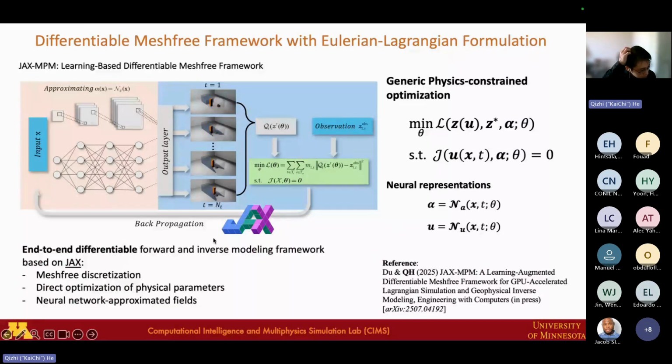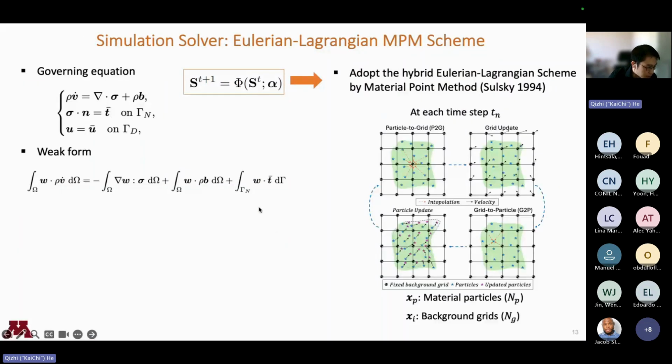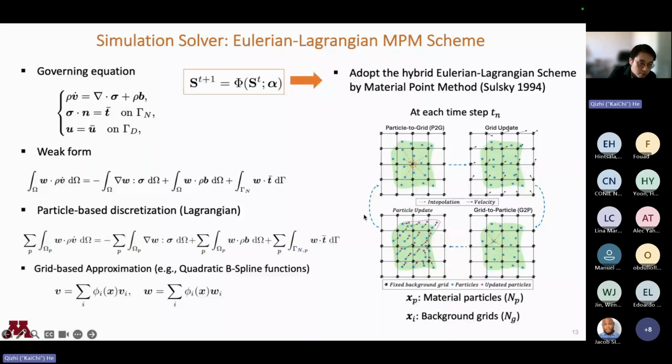I just want to pinpoint that the key feature of our framework is that it is meshfree. We don't rely on finite element, which gives a lot of flexibility, and it is a direct optimization with a neural network approximating the field. I will probably skip this. This is the backbone of our learning-based solver.